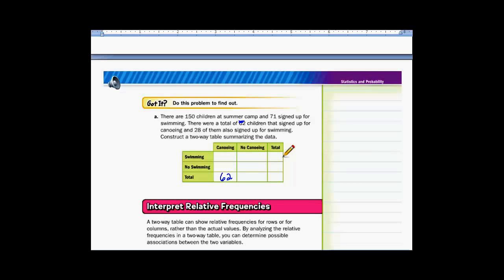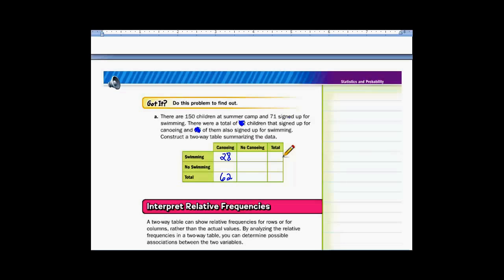That takes care of this number. And 28 of them also signed up for swimming. So out of this total of 62, 28 of them signed up for swimming as well. So they did canoeing and swimming. That takes care of this one.